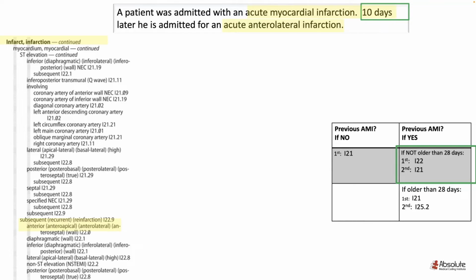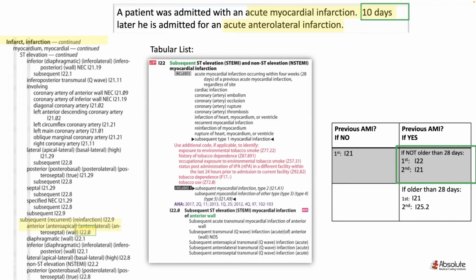But we're not going to stop there. We're going to look for the location of the infarction, which is anterior wall, specifically anterolateral. And underneath it, I22.0. That's our code.